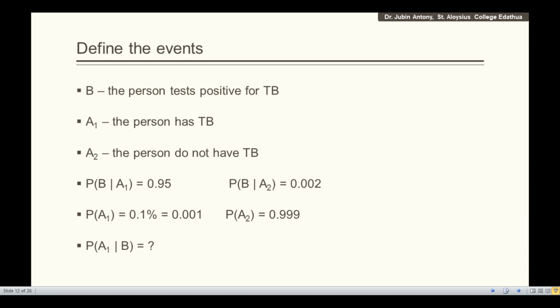It is given that the probability of detection when a person has actually TB is 0.95. That is, probability of B given A1 equal to 0.95. Also, it is given that probability of diagnosing incorrectly as having TB is 0.002. That is, probability of B given A2 is equal to 0.002.